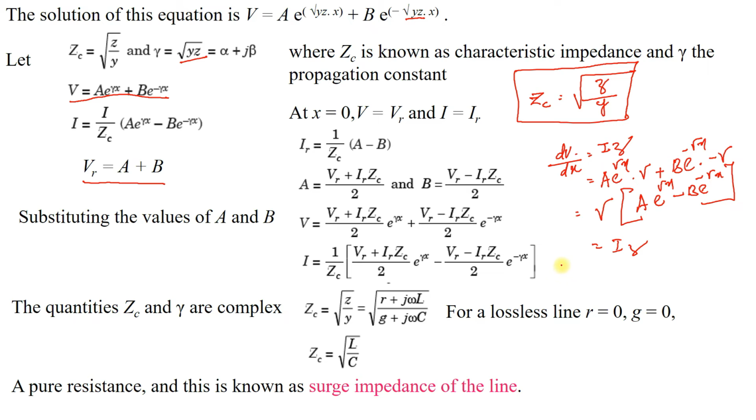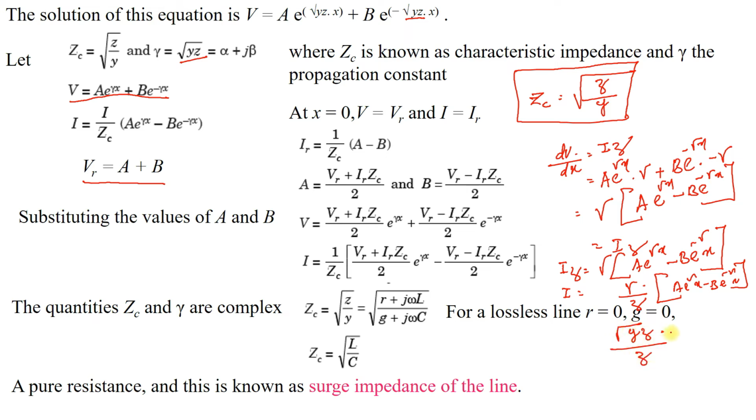So from here IZ is equal to gamma into A e raised to gamma x minus B e raised to minus gamma x, and we have already defined gamma as root of YZ. So I is equal to gamma by Z into A e power gamma x minus B e power minus gamma x, and gamma is equal to root of YZ.